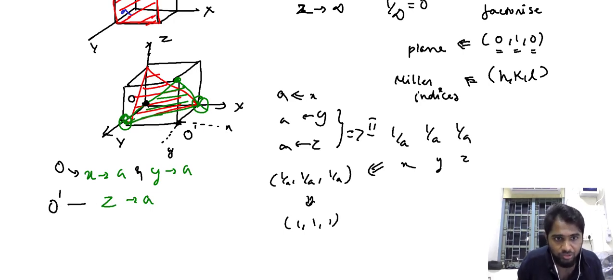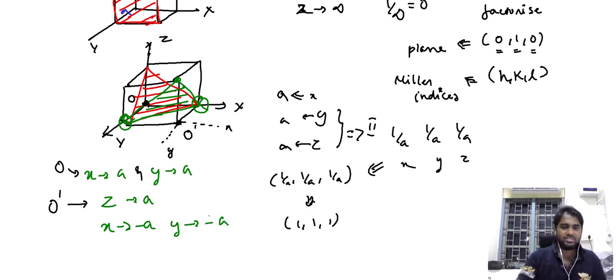With respect to this new origin, the plane meets the z-axis at A. However, it meets the x-axis at minus A and y-axis at minus A. So once I shift my origin, the point where my plane meets the x and y axis also changes.